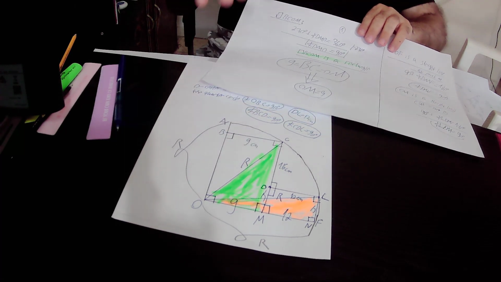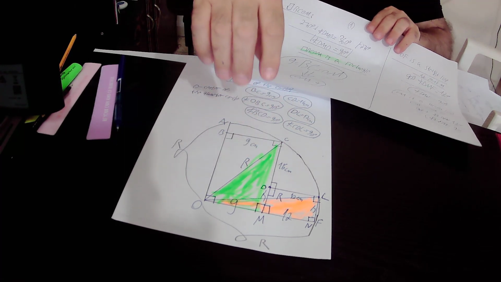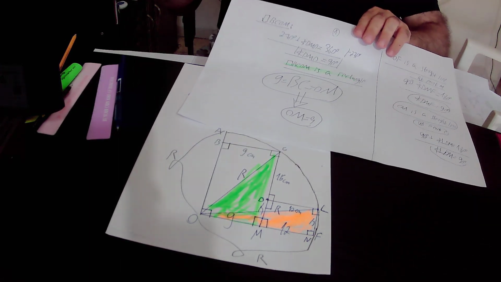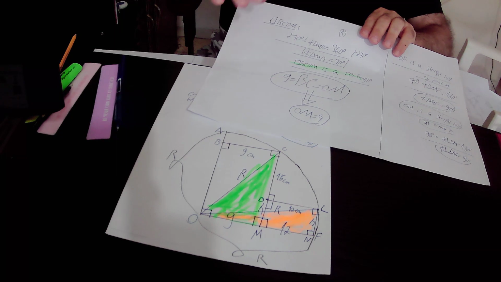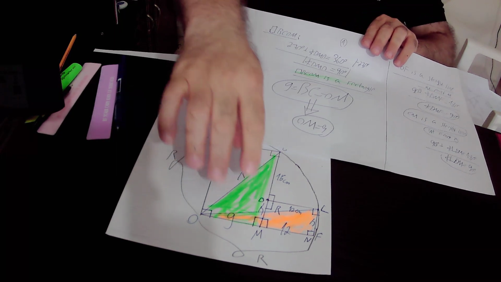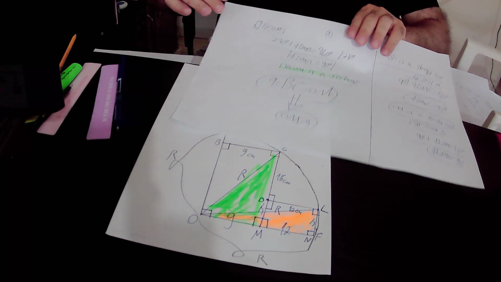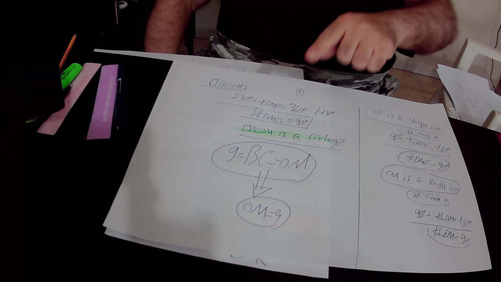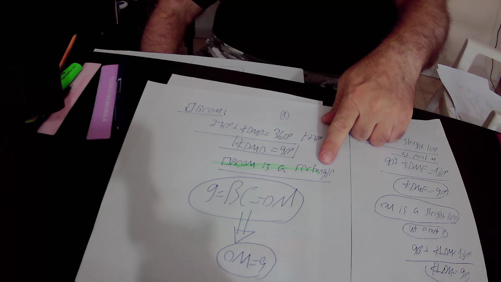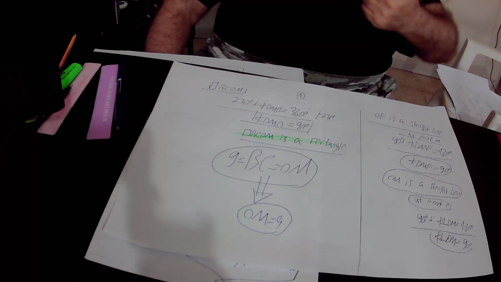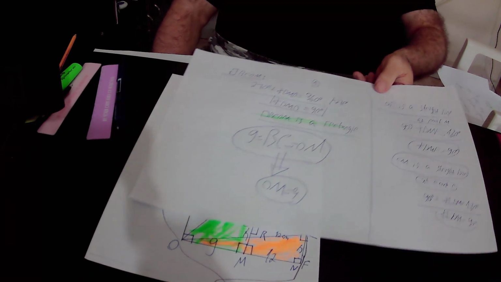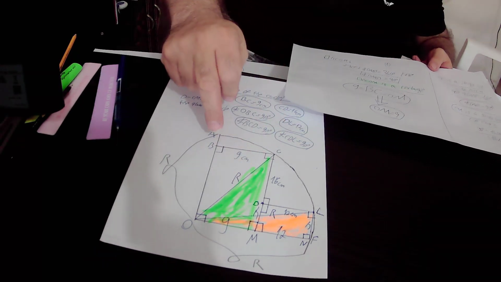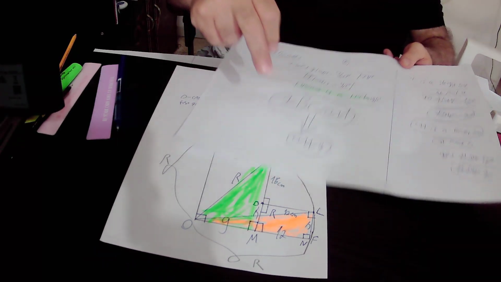So inside this quadrilateral BCOM we have 4 right angles, and any quadrilateral that has 4 right angles must be at least a rectangle, if not a square. So we will treat quadrilateral BCOM as a rectangle, and we know that the opposite sides of a rectangle are equal. That is to say, in rectangle BCOM, side BC equals side OM.